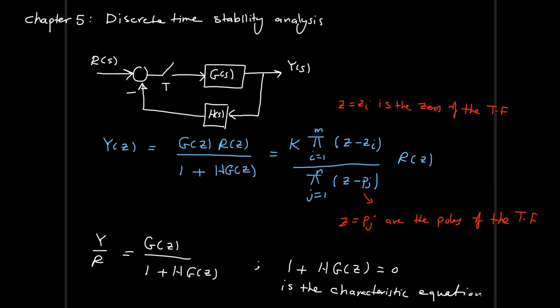Why call it the characteristic equation? Because simply this equation will decide the poles, and it will characterize all the performance of the system, such as the stability, and later on, when we study the time response, it will decide the rising time, the settling time, the percent overshoot, and so on, if we map those continuous time characteristics to discrete time characteristics.